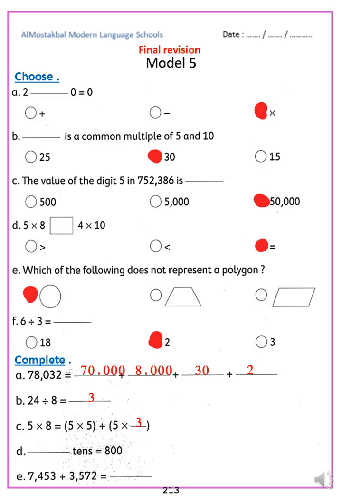Space tens equals 800. 80 tens. 7,453 plus 3,572 equals 11,025.